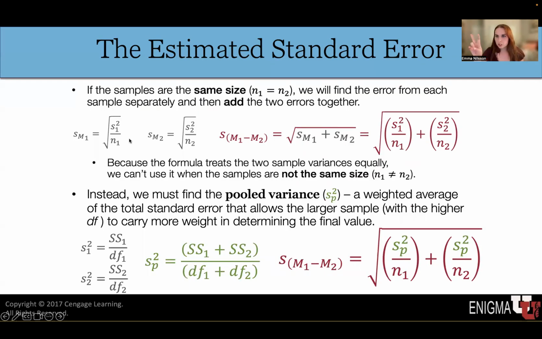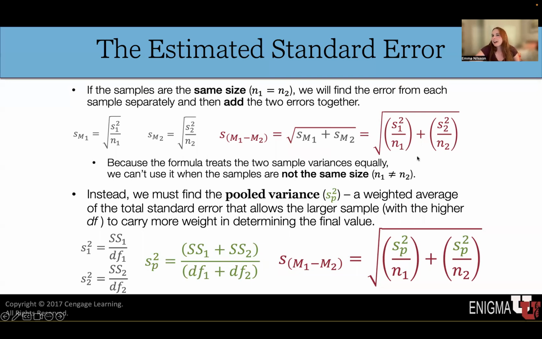There are two different formulas that we can use for this, and they depend on whether or not we can estimate the variances. So if the samples are the same size, then we're going to find the error from each of the samples separately, and we're going to add the two errors together. Estimated error for sample 1, estimated error for sample 2, and we just add those together. That's all it is.